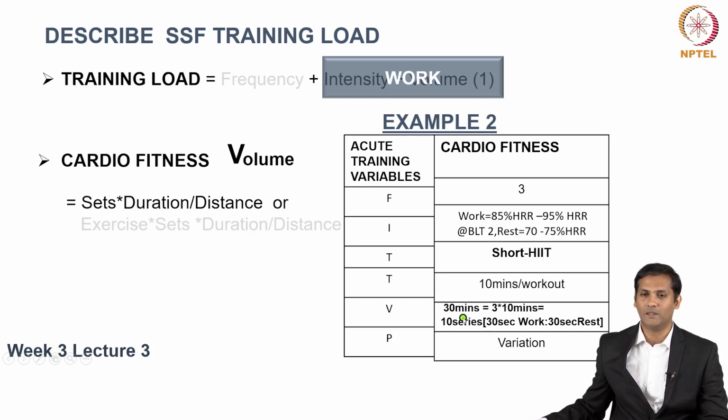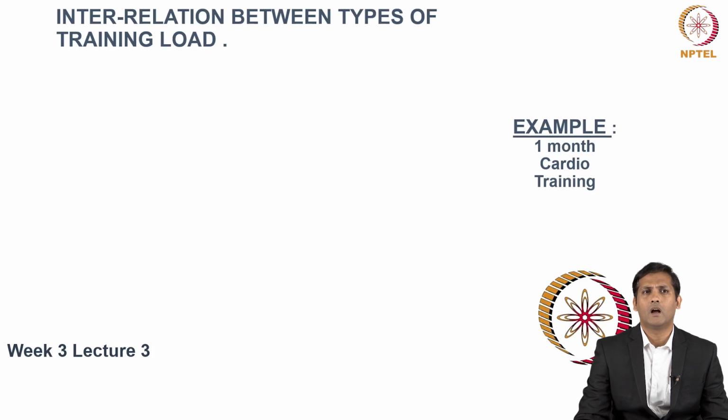So a total of 30 minutes. So the description is somewhat similar, but with the addition of short HIIT, you have to add the series in the volume. That's how the workout to improve cardio fitness for an athlete can differ from non-athlete cardio fitness. Now let's see an example, the interrelationship between different types of training load.